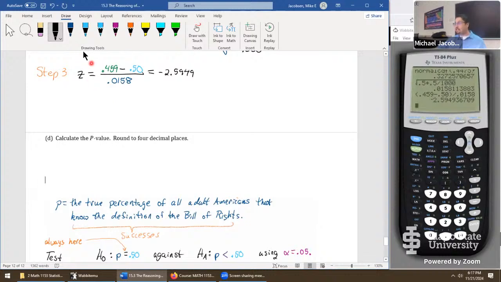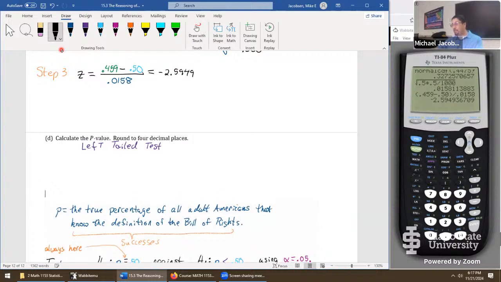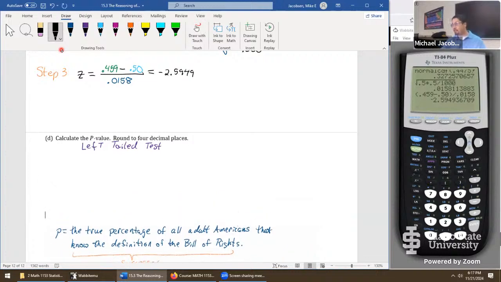So with that test statistic Z, the first thought you'd want to have is to recall from your alternative hypothesis that the less than direction tells us it's a left-tailed test. Knowing that gives us quite a lot of power here because now we can say the computation is going to look like this pictorially.